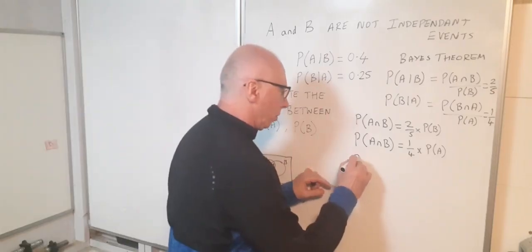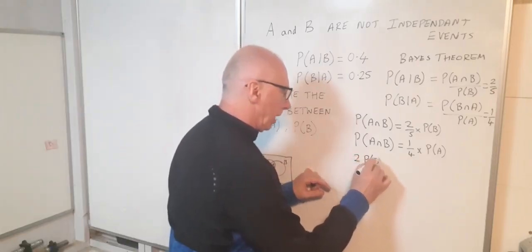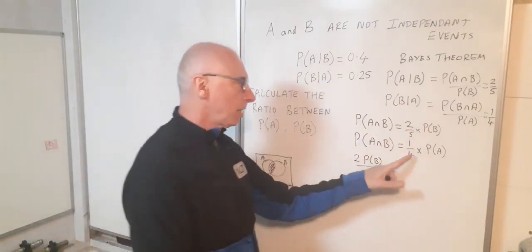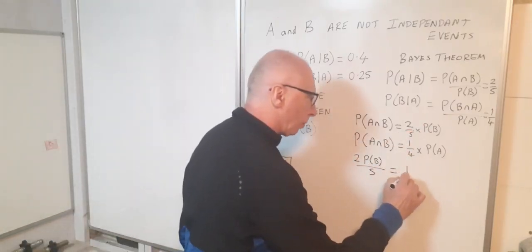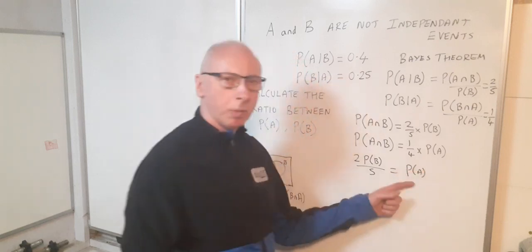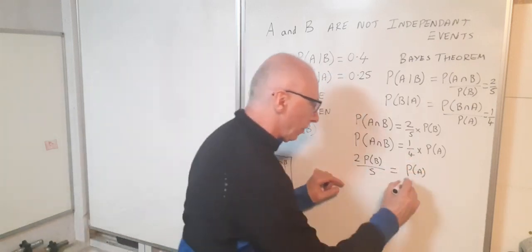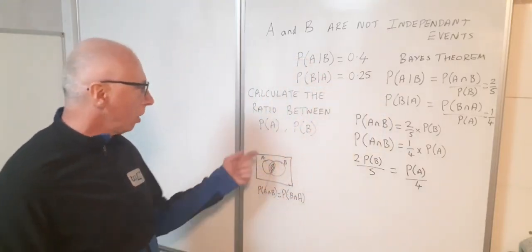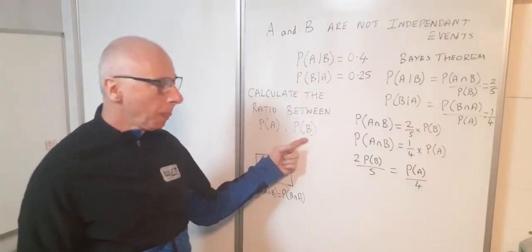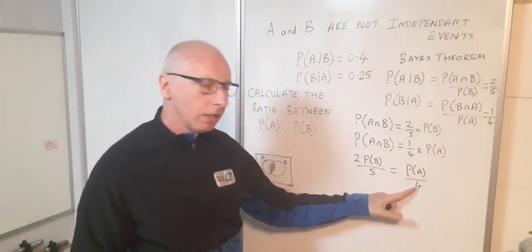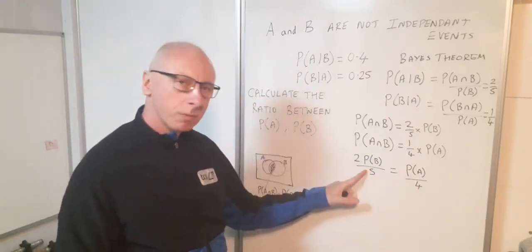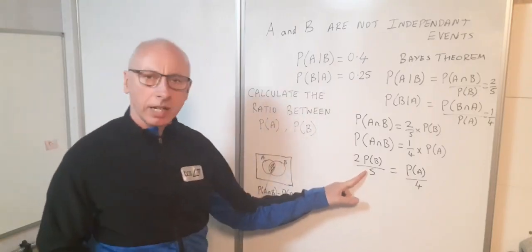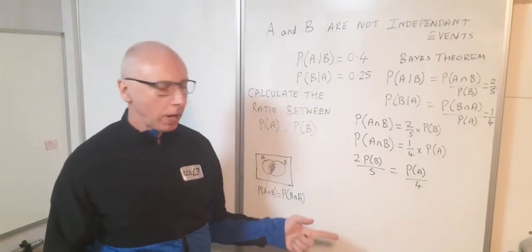So now I've got 2 times the probability of B over 5, set equal to the probability of A, multiplied by 1, it doesn't change, and then divided by 4. Okay, so for a ratio between the probability of A and the probability of B, what I ideally want is the probability of B on one side and then some sort of fraction on the other side, because a fraction is basically a ratio written in a different way.